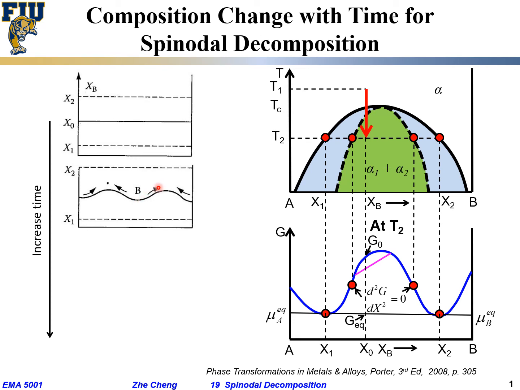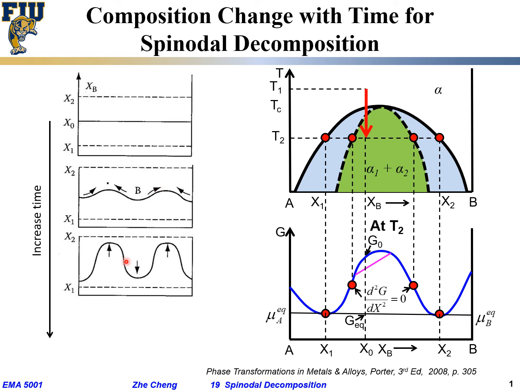Make sense? So the next moment it happens, it becomes something like this. The valley becomes even lower. The hill becomes even higher or taller. Make sense? Because whatever happens here, it has to transport the other way. That's this process we call uphill diffusion.